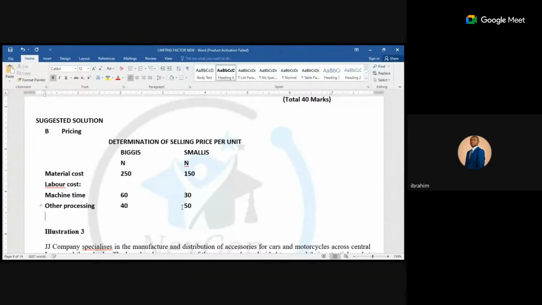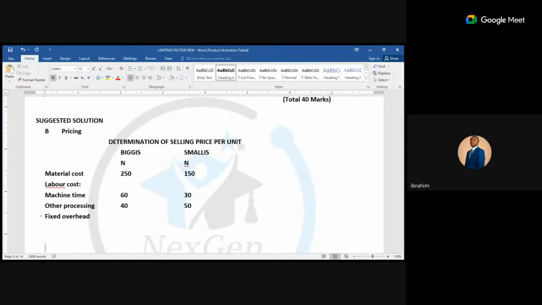Then the next one is fixed overhead. Now, don't forget that all this is per unit. Is that not so? This is per unit. Now the fixed overhead should also be per unit.